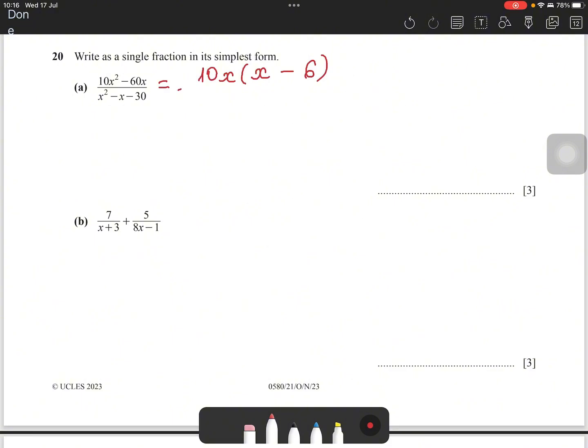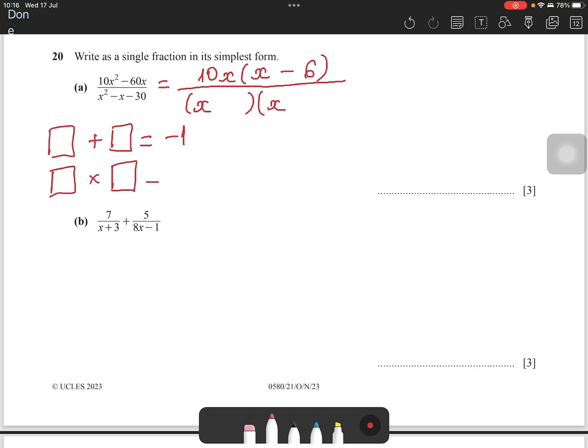Now let's see the bottom expression. We'll find two numbers that add up to the middle term, which is negative 1, and the two numbers multiply to get the last term, which is negative 30.